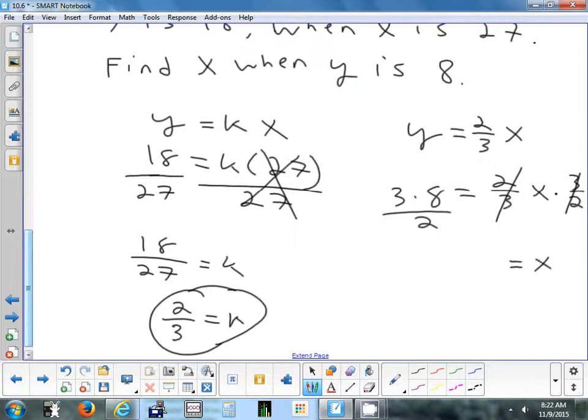Now in the top, Kevin, what's 3 times 8? Yep, we get 24. And now, if you can reduce it, always make sure you reduce it. What's 24 divided by 2? Oh, Ryan?